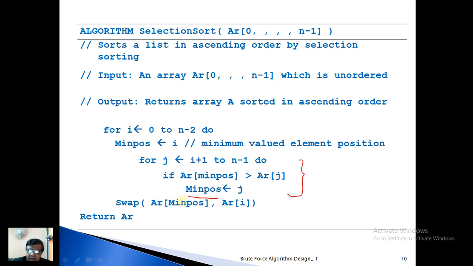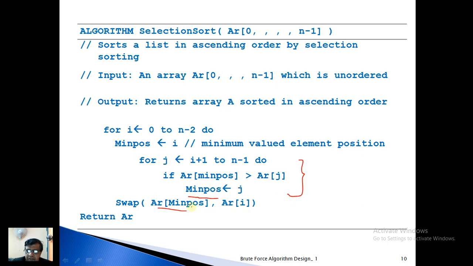Then we need to swap the real minimum valued element with the element that is driven out by the index i. So the 0th element, AR of 0 in the first iteration, AR of 1 in the second iteration, AR of 2, and so on and so forth.